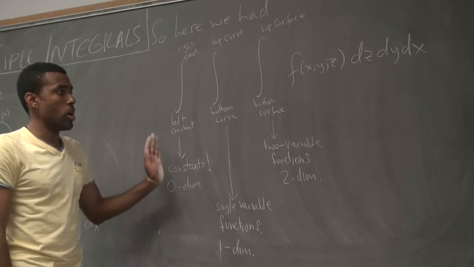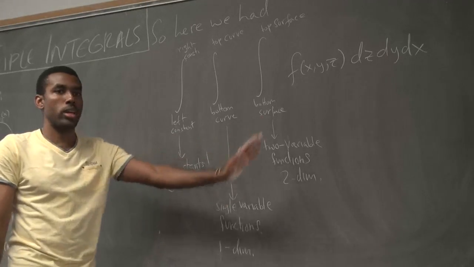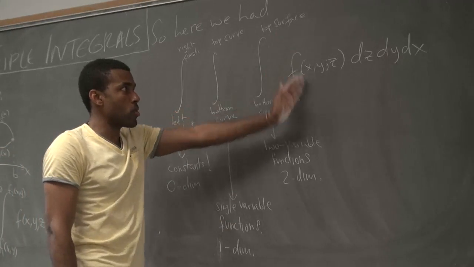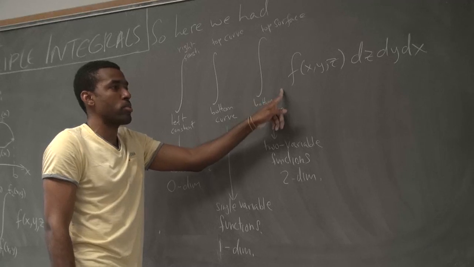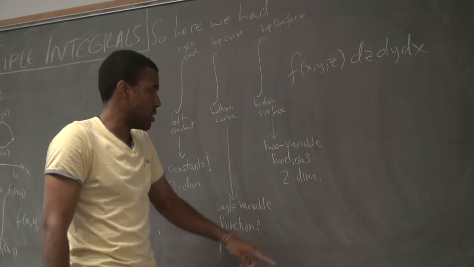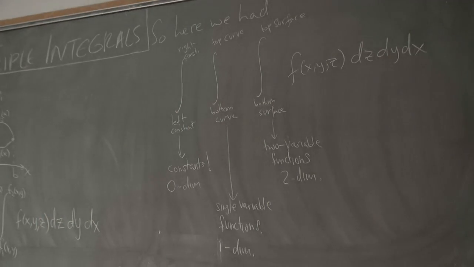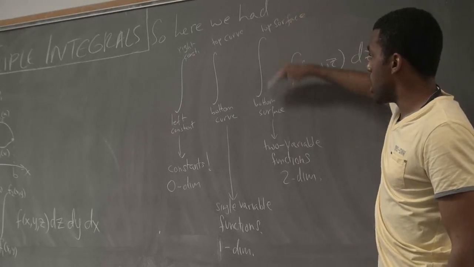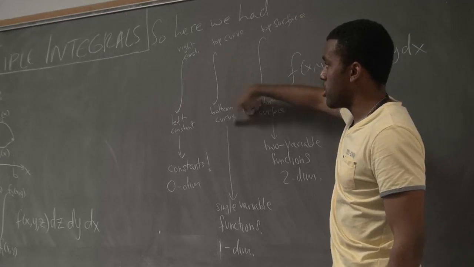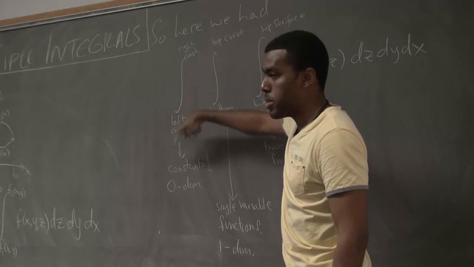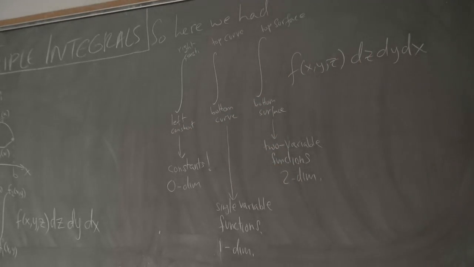The more you go in, the higher the dimension. We could do four integrals, where the innermost integral would have three variables in three dimensions, and so on. But for triple integrals, that's what it should look like. So conceptually, this is the kind of thing you're setting up. Figure out what surfaces bound your object, then what curves bound the shadow, then what constants bound the other dimension of the shadow.